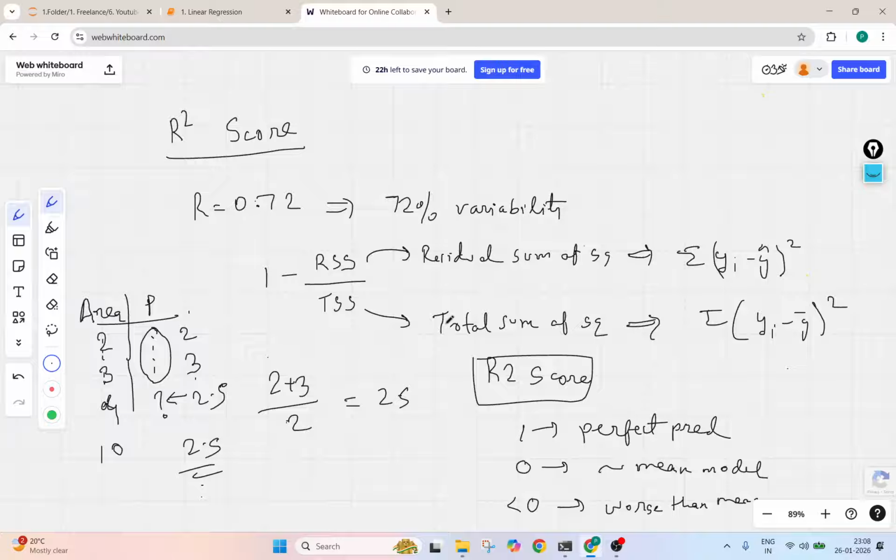Now, can we think that the R2 score keeps on increasing if we keep on adding more columns? Let's say the prediction that the model would give with only area will always be poor compared to what a model would give you if you had multiple features, for example area, number of rooms, number of kitchens, stories, and so on.